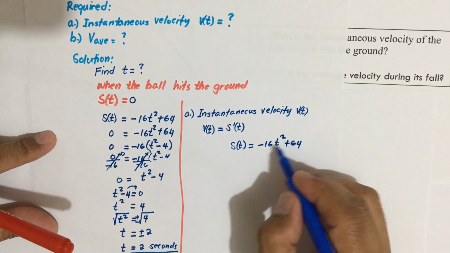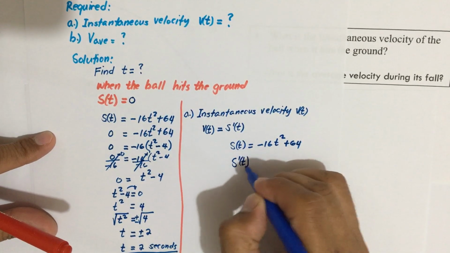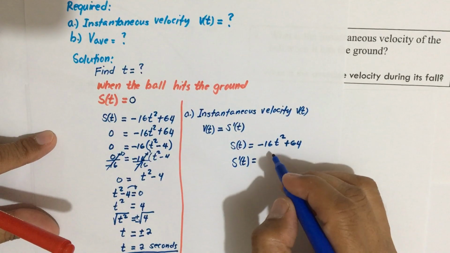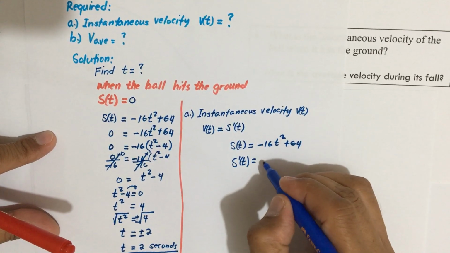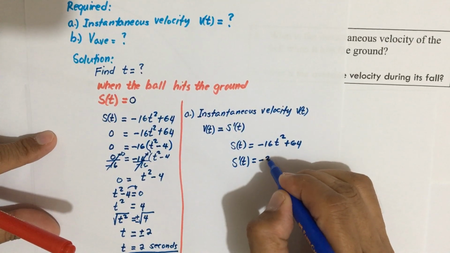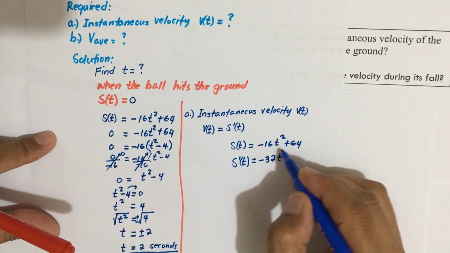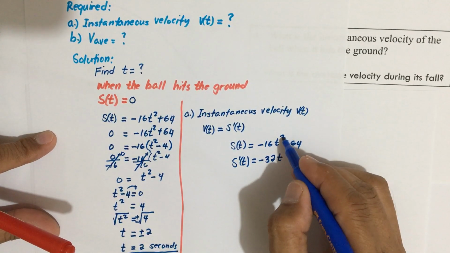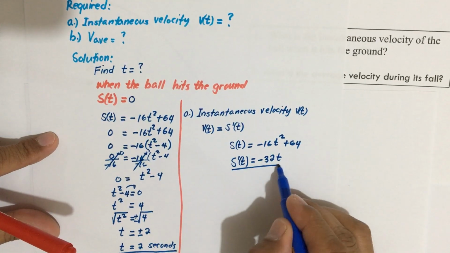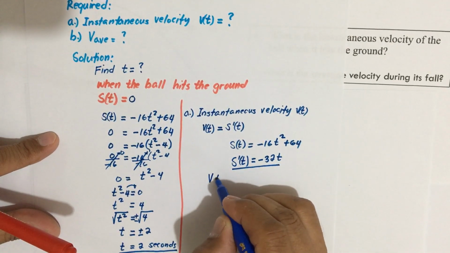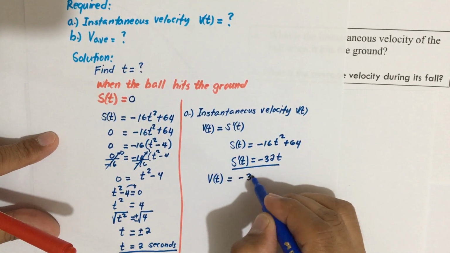So taking the derivative, we have s prime of t. Applying the constant multiple rule and also the power rule, this would be negative 32t. So 2 times 16 is 32, and 2 minus 1 equal to 1. Therefore our velocity is equal to minus 32t.